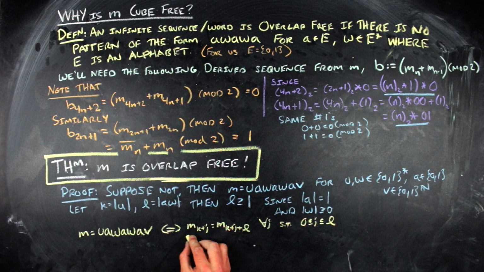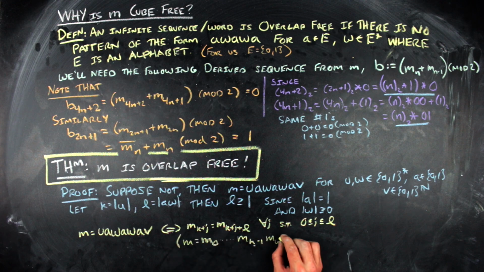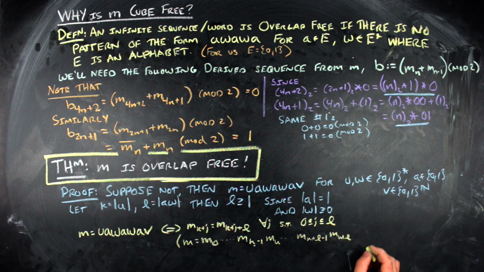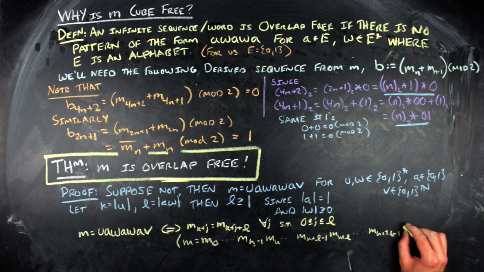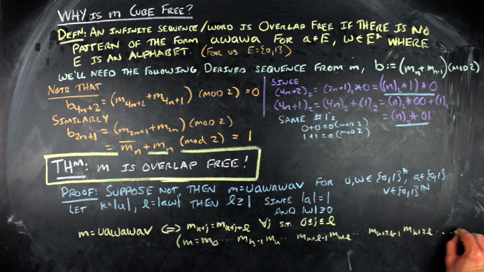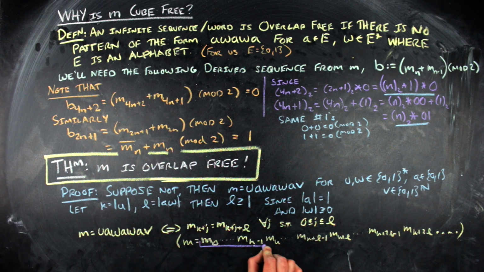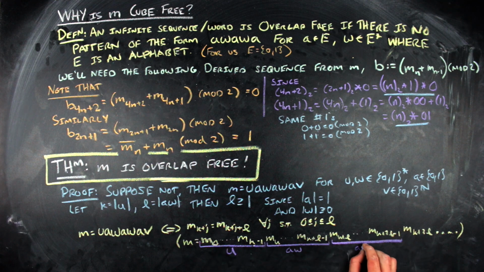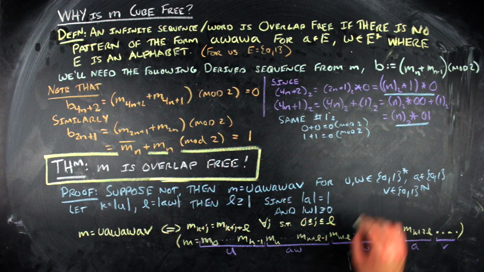And I'm writing this all out to make sure that it makes sense. The 0th to the k minus 1th positions of M are the first k positions of M, and that would be your u. Then from the kth position to the k plus L minus 1th position of M is your first aw, and from the k plus Lth to the k plus 2L minus 1th position, that's another aw.